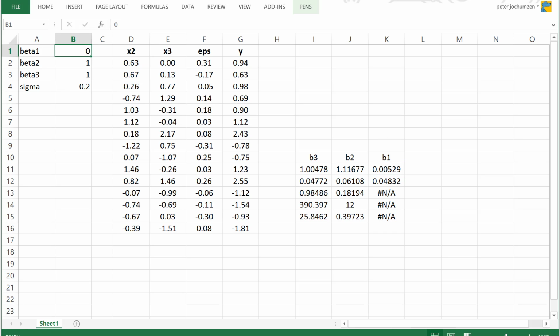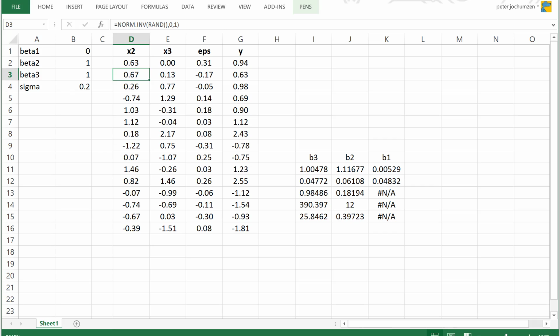So there is one special aspect of this simulation that I want you to pay attention to, and that's the following. When I drew a random number here to simulate the first observation for x2, then to get the second observation for x2, I just used the fill handle to copy this formula down. Excel will then put the same formula into this cell, and it will therefore draw a new random number from exactly the same distribution.